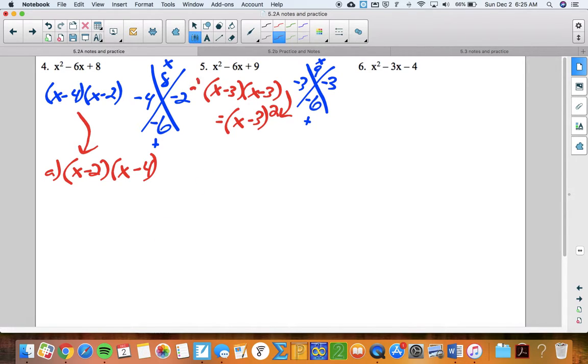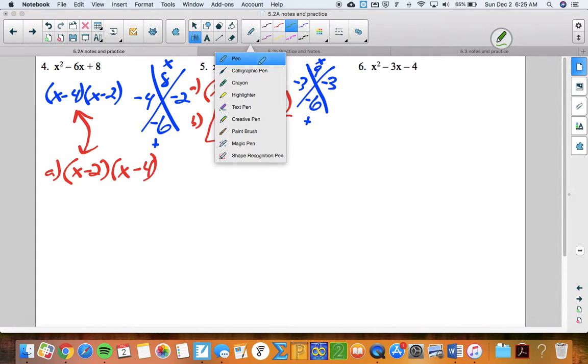If this was option A and option B, you hopefully wouldn't see both. That'd be kind of mean, but that's a good thing to study for. Option B is the best answer by far. It is the simplified answer. So that was a fun talk. Let's keep rolling.